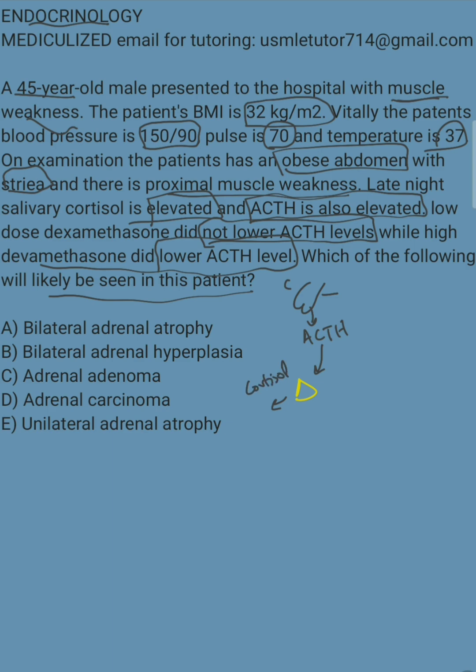So now a few things to keep in mind. If the Cushing's is because of an adenoma here in the adrenals, then the adrenals produce the cortisol. If there is an adenoma in the pituitary that is secreting the ACTH, then that one is called Cushing's disease. It has a separate name.